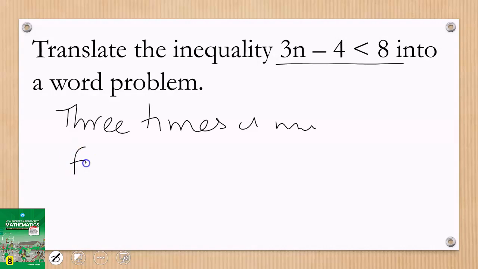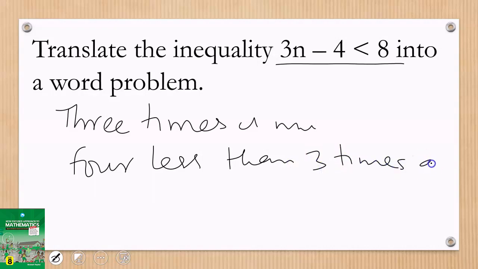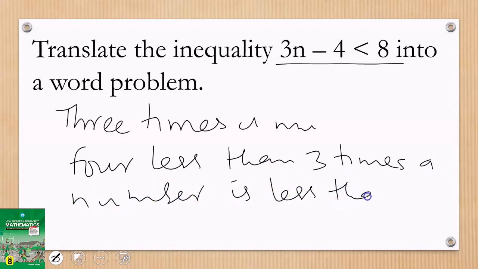So let me write it that way rather. 4 less than 3 times a number is less than 8. Simple.